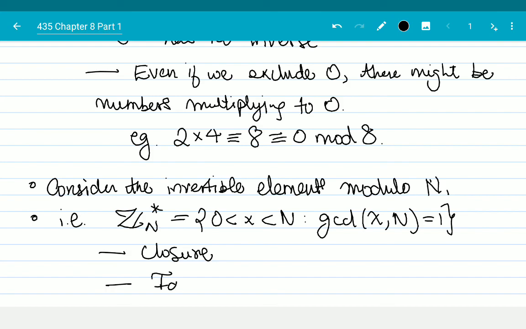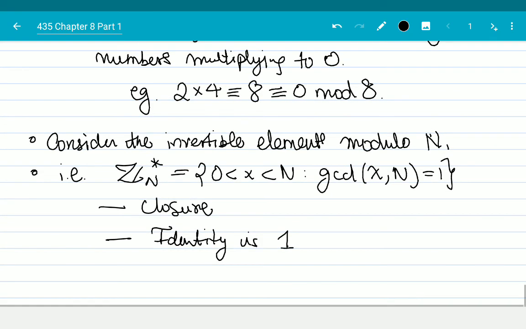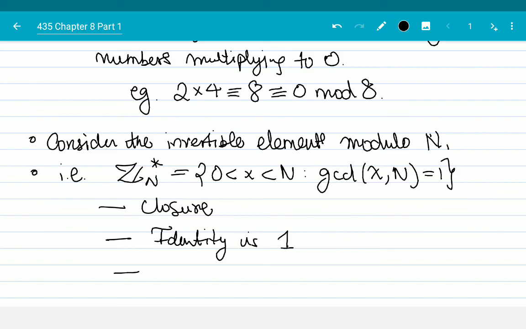The identity of this group is 1. 1 always has GCD 1 with n, so 1 is going to be in there. The inverse of a is a inverse mod n.